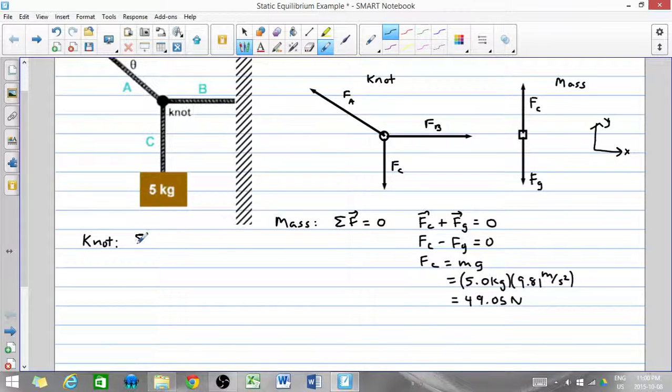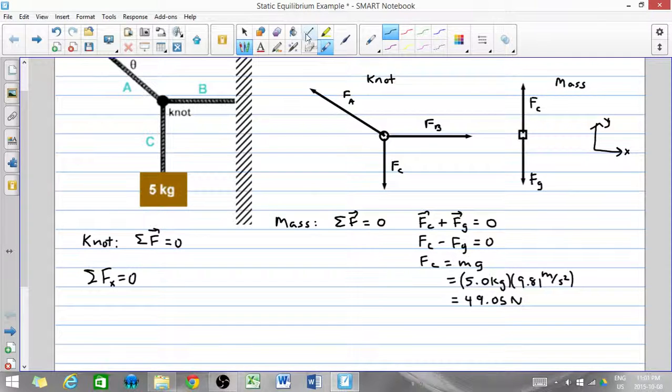And again, for the knot, the net force, the sum of all the forces, is equal to 0. But you can see this is more complicated because now you have forces in the x and y directions. We're going to handle the x and y components separately. So the first thing we'll deal with is that the sum of the x components is 0. Now, forces B and C, they line right up with axes, but A doesn't.